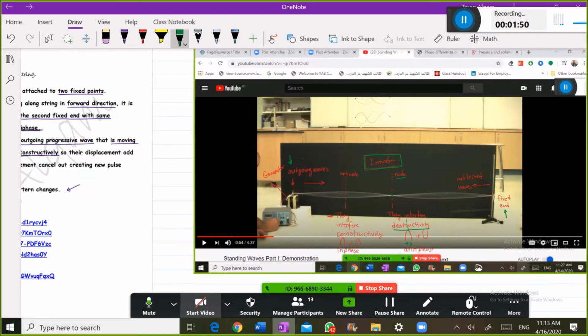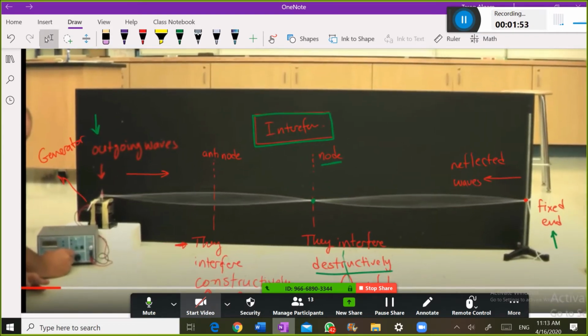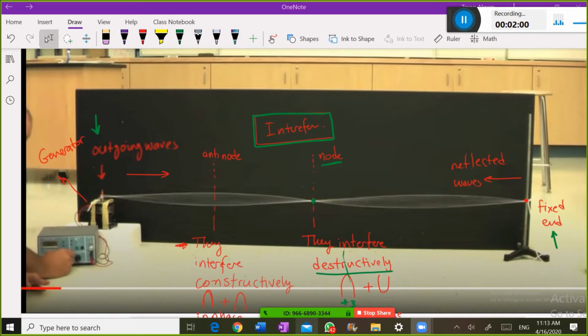In the previous time we talked about the standing waves. Standing waves consist of progressive waves.